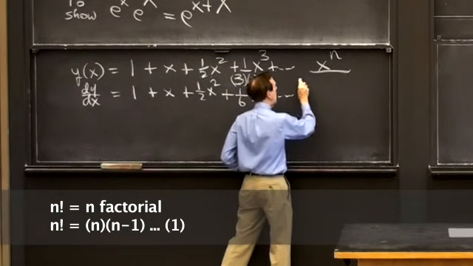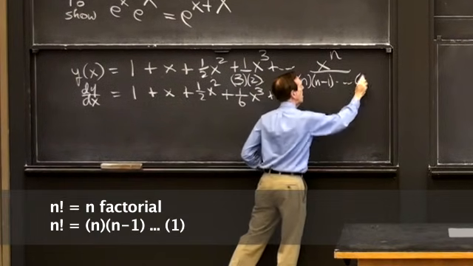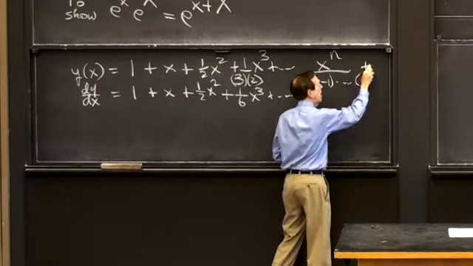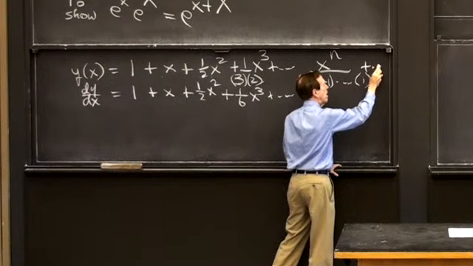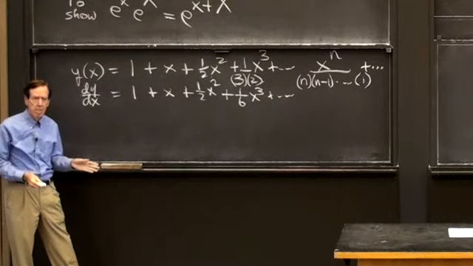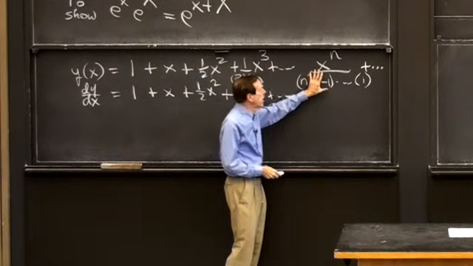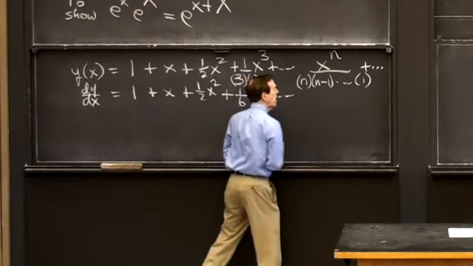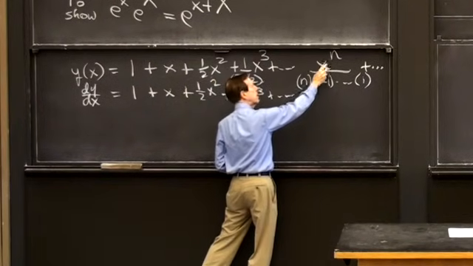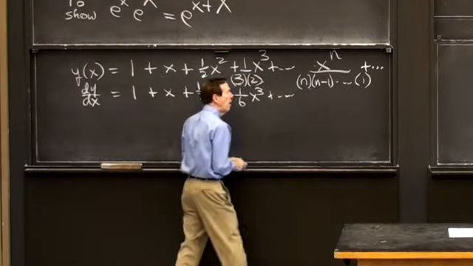I need n times n minus 1. I need all these numbers all the way, and I'll throw in the 1 at the end. And I have to put the mathematicians' symbol, the little 3 dots that mean don't stop, keep going. But do you see that this will be okay? This is called n factorial, x to the nth over n factorial. Because when I take the slope of x to the nth, an n will come down, cancel that n.